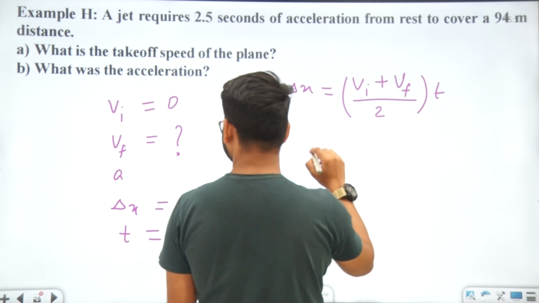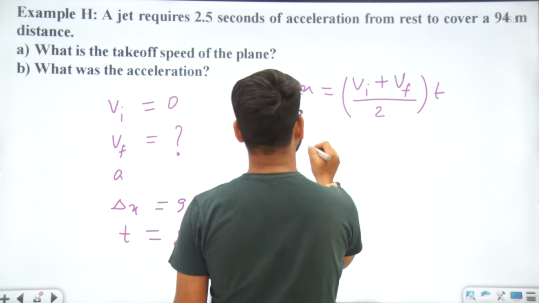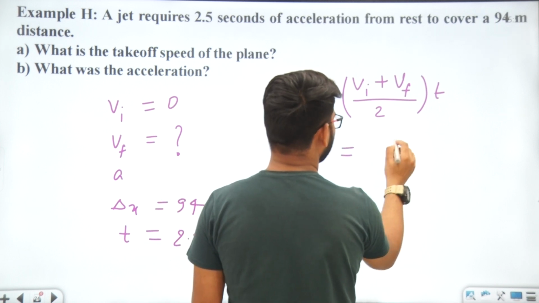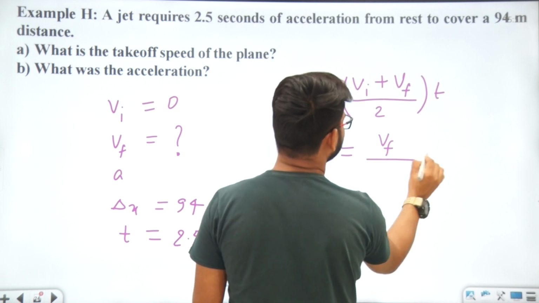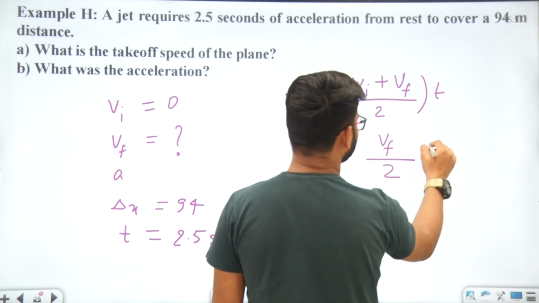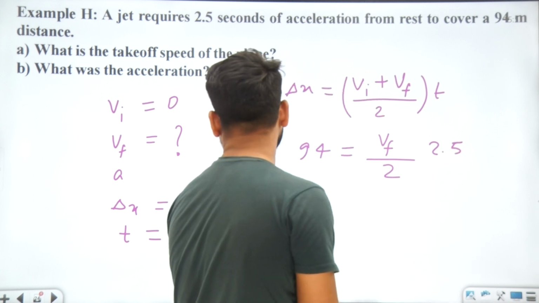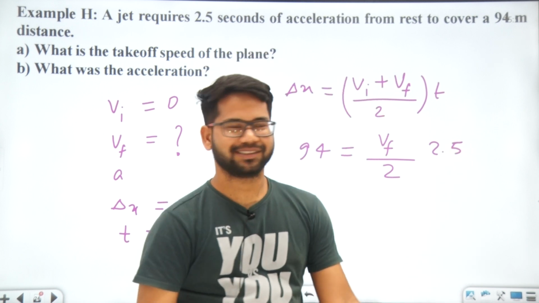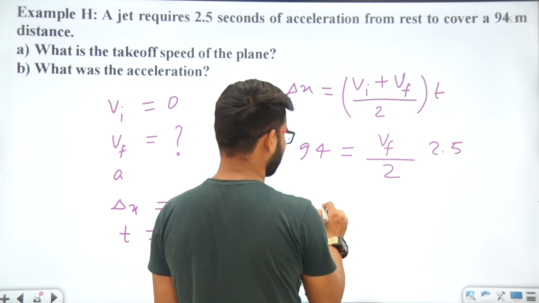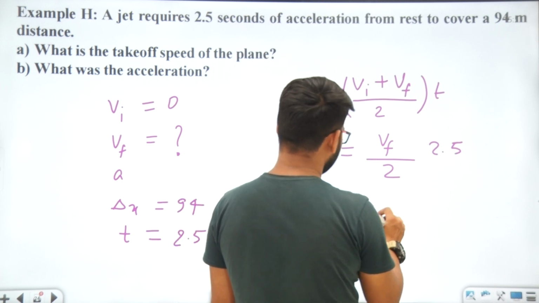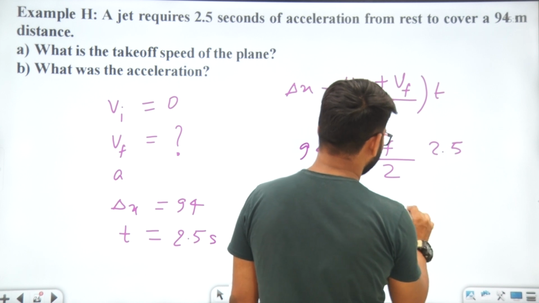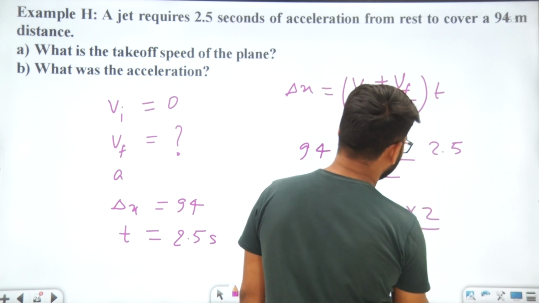So from here, we have 94 equals Vf, with Vi being 0, over 2 into 2.5. We just need to simplify this and we will get the final velocity. So Vf is 94 into 2 over 2.5.